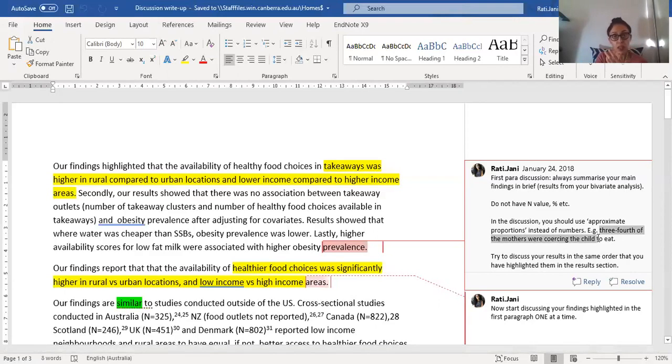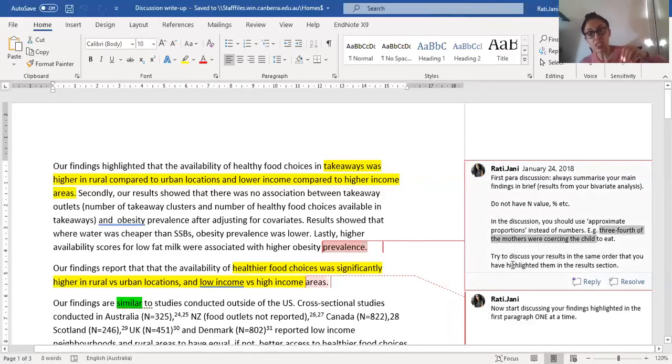Does that make sense? Or approximately a quarter of our mothers, or nearly a quarter of our sample were females, or you can say half of our mothers admitted that they were doing improper parenting feeding styles. Okay, things like that. So this is the kind of language you use for a discussion section.